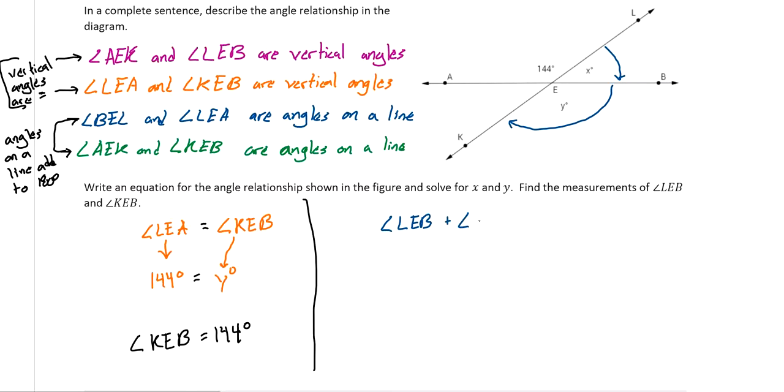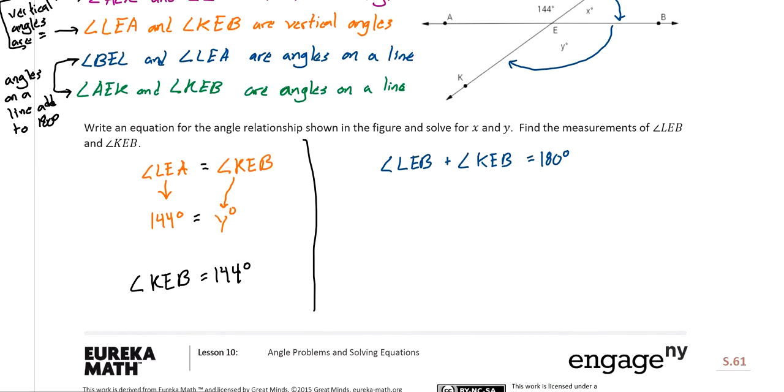So angle LEB plus angle KEB has to equal 180 degrees.